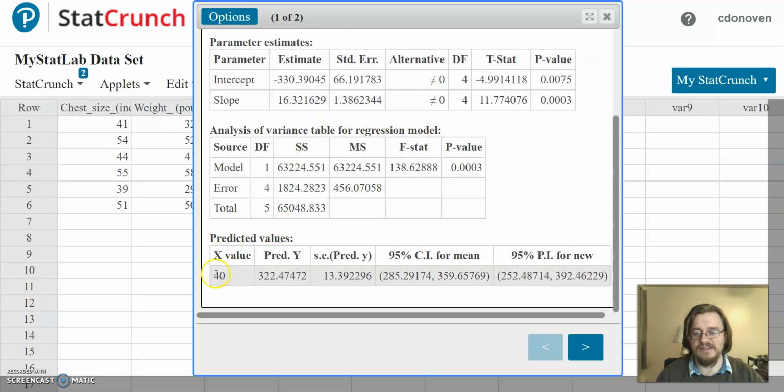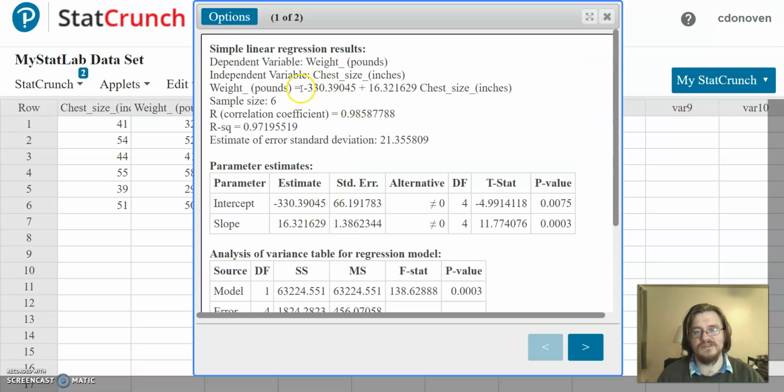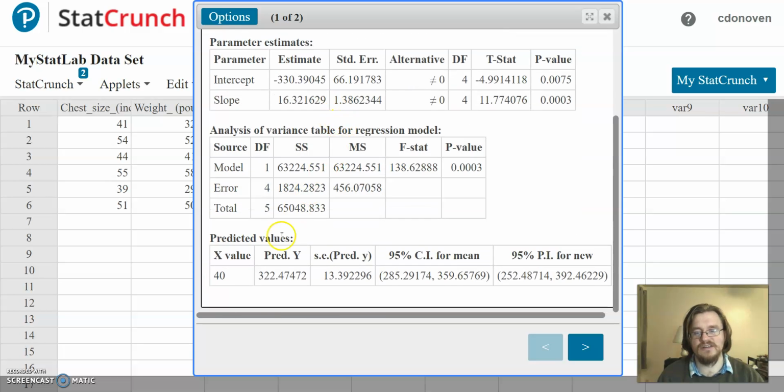And the nice thing is that down here, it will do this for us. It will plug in the value 40 into this equation to come up with a predicted y value of 322. Note that it also constructs some confidence intervals, but we're just going to ignore that. This is our predicted y value right here.